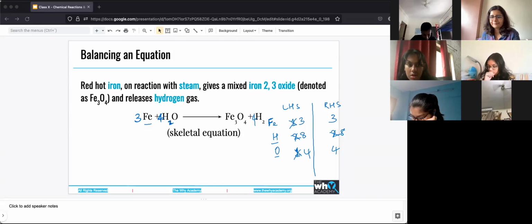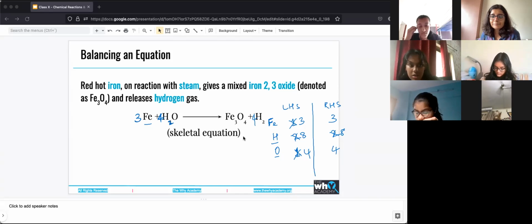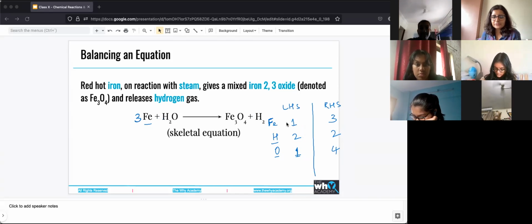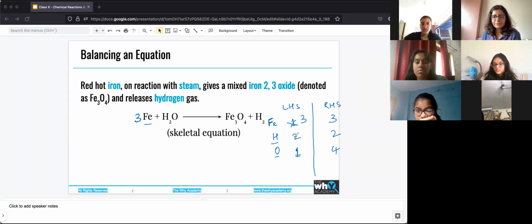Could you please explain the hydrogen and oxygen part again? So, yes. Okay, iron is done. It was like this, right? So this we made 3. Now hydrogen, initially it's balanced, so we don't care about it.